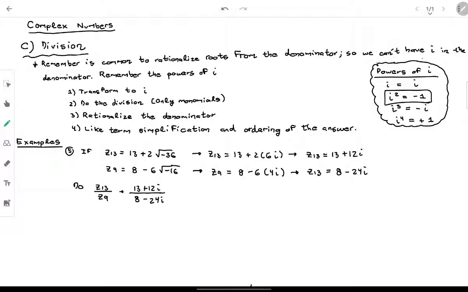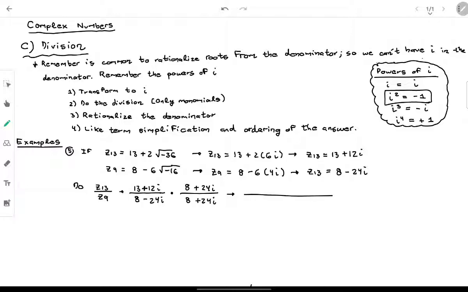What happens here? Remember, we need to check how we rationalize the denominator. In this case, we have a binomial on the denominator. We need the product of the sum and difference of that binomial in order to be possible to rationalize it. So what will happen here?